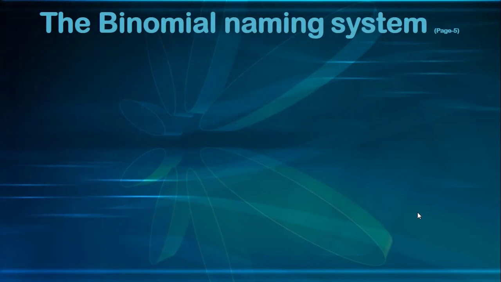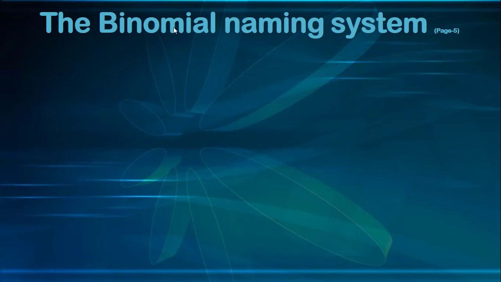The binomial naming system. Dear students, look here. Bi means two, nomial means naming system. This system gives every living organism two names, the genus name and the species name. First the genus name is written, then the species.